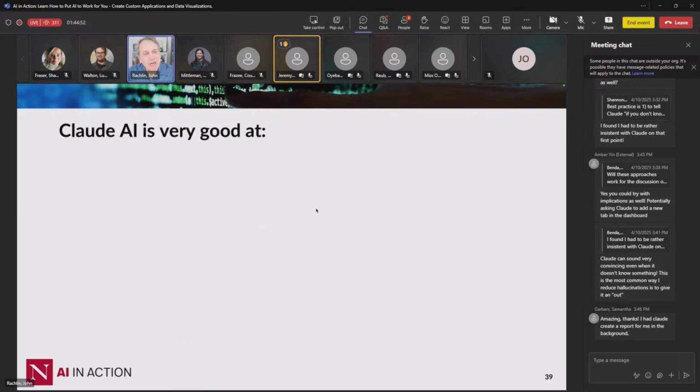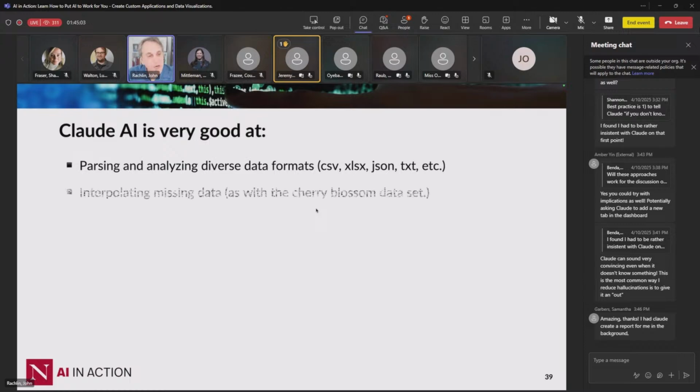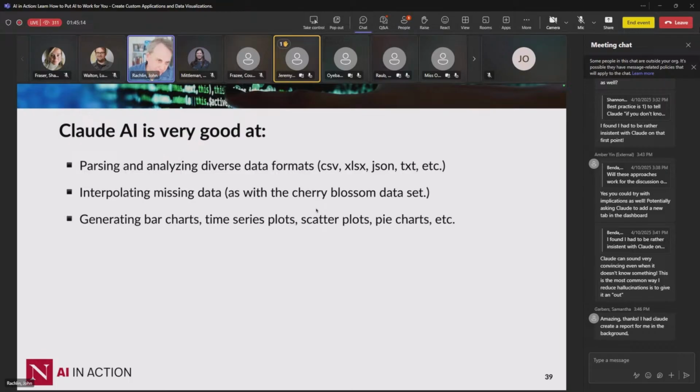So in summary, I would say Claude AI is very good at parsing and analyzing diverse data sets, including things like spreadsheets and tabular data and text and so on. For interpolating missing data, that cherry blossom data set actually had quite a few missing data points, and Claude was able to handle those quite well.